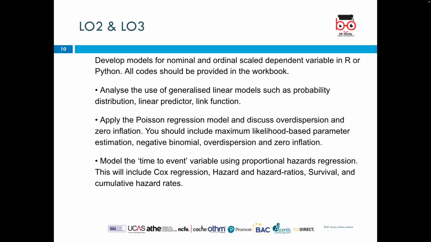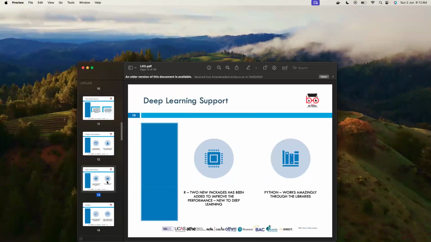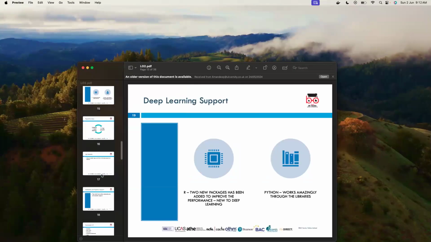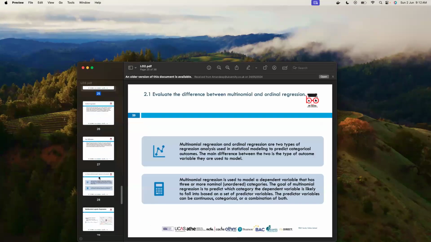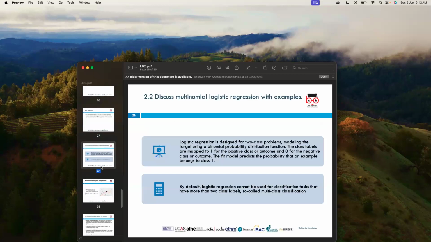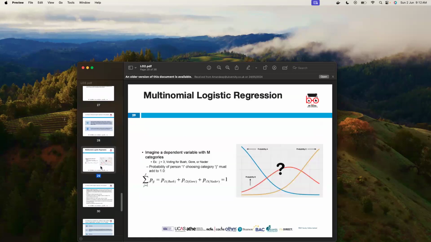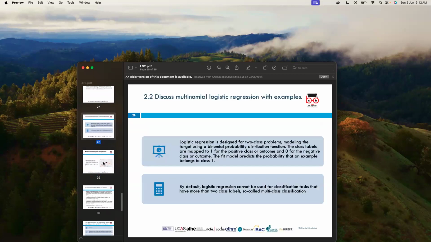Model the time-to-event variable using proportional hazard regression. This will include Cox regression, hazard and hazard ratios, survivor and cumulative hazard rates. So we looked at this not in learning outcome 2. Cox regression should be in learning outcome 3, which we looked at yesterday. So this is multinomial and everything.